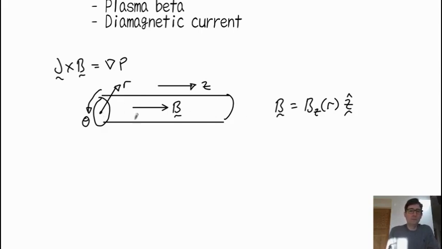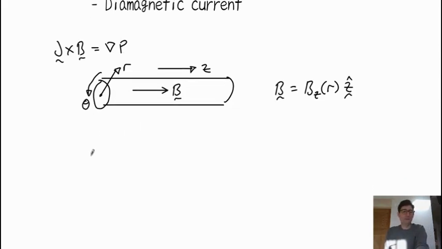We have a plasma column in the middle, and then there is actually, as it turns out, a current running in the theta direction. So the plasma generates a current in theta, and together the current in theta crossed with the magnetic field in Z produces a force in the radial direction. That can balance a pressure gradient, with a high pressure in the middle and a low pressure on the outside. Let's see how this works.